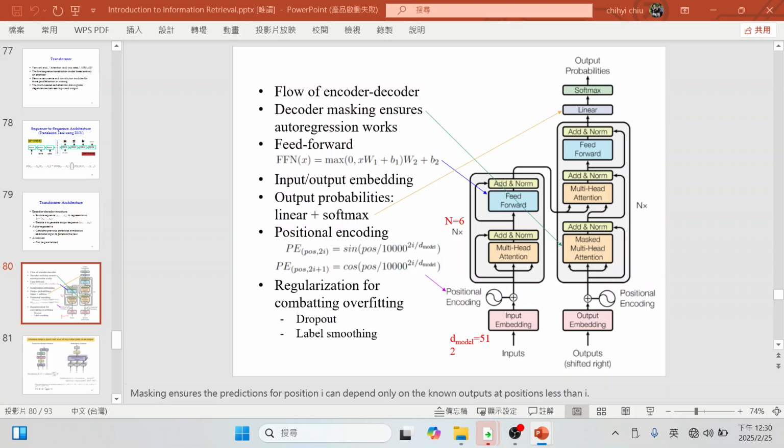We compute the similarity, for example between I and U, just using the inner product, so you calculate all the scores, the weights between all of them. So it's called self-attention, and we apply it in our encoder.